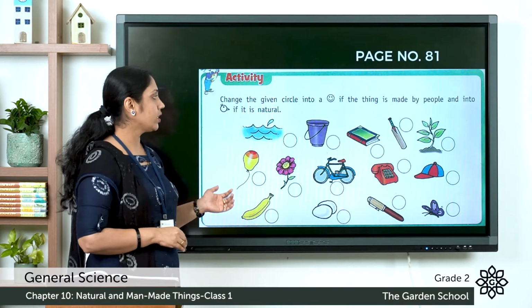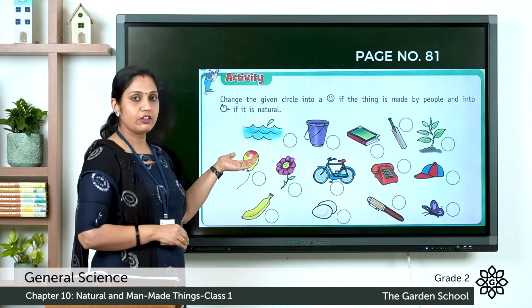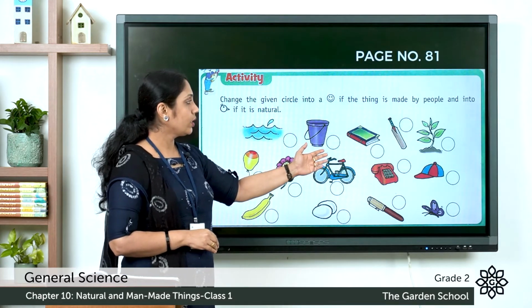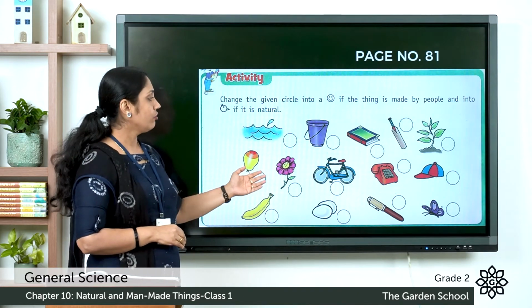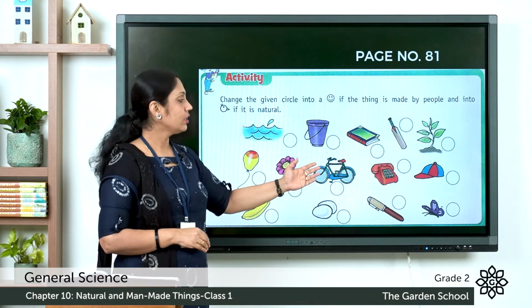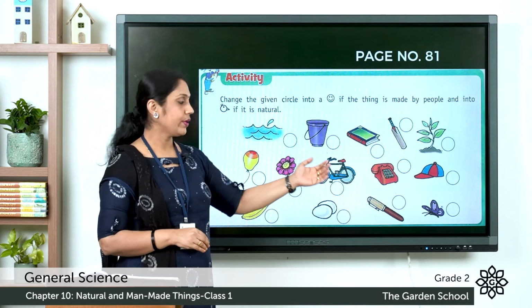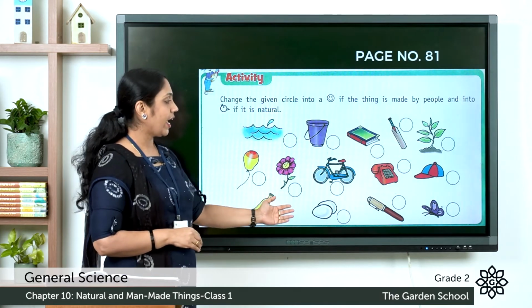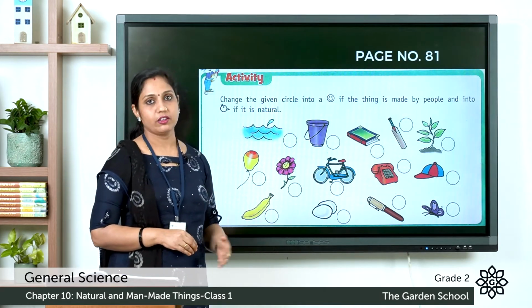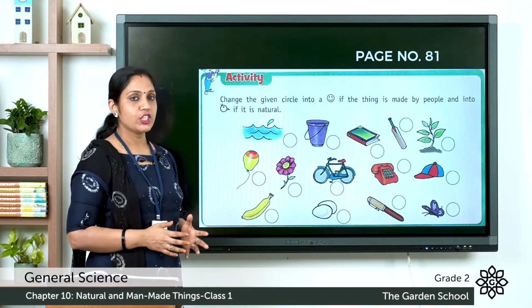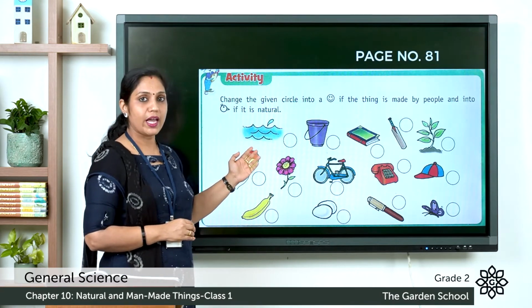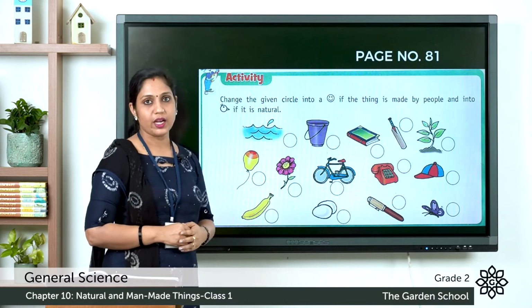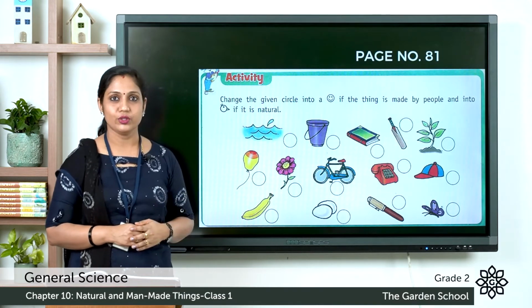Here water is given, bucket, book, bat, plant, balloon, flower, cycle, telephone, cap, a banana, egg, pen and butterfly. So if it is a natural thing, you have to change this circle into a bird. And if it's a man-made thing, you have to draw a smiley. So this is an activity for you to do.